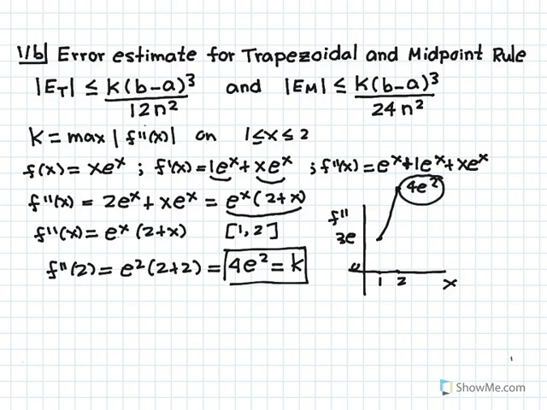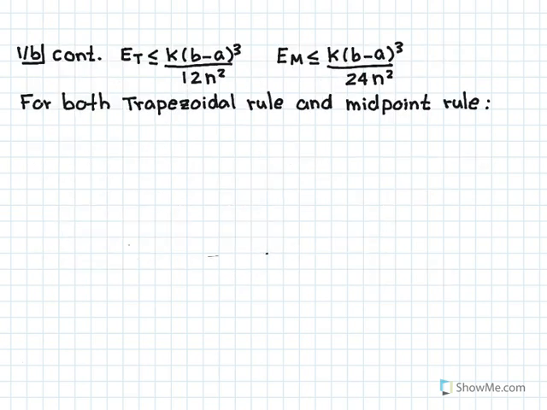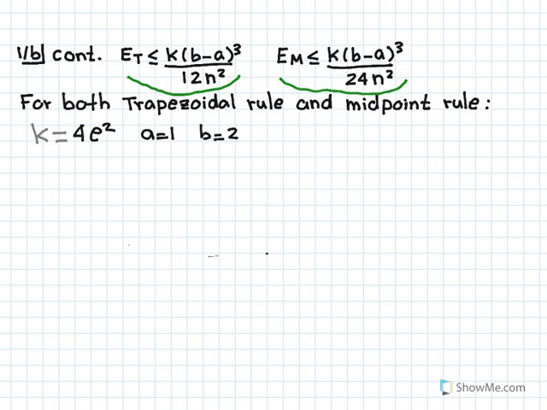All right, so now that we have that, we can compute our error bounds for both the midpoint and the trapezoidal rule. The formulas you can see are essentially identical. The only difference is that in the trapezoidal rule you divide by 12, and in the midpoint rule you divide by 24. For both rules, we have K, the maximum of the second derivative, computed to be 4e squared. a is equal to 1, the lower limit of integration, b is equal to 2, and n equals 5, the number of partitions.